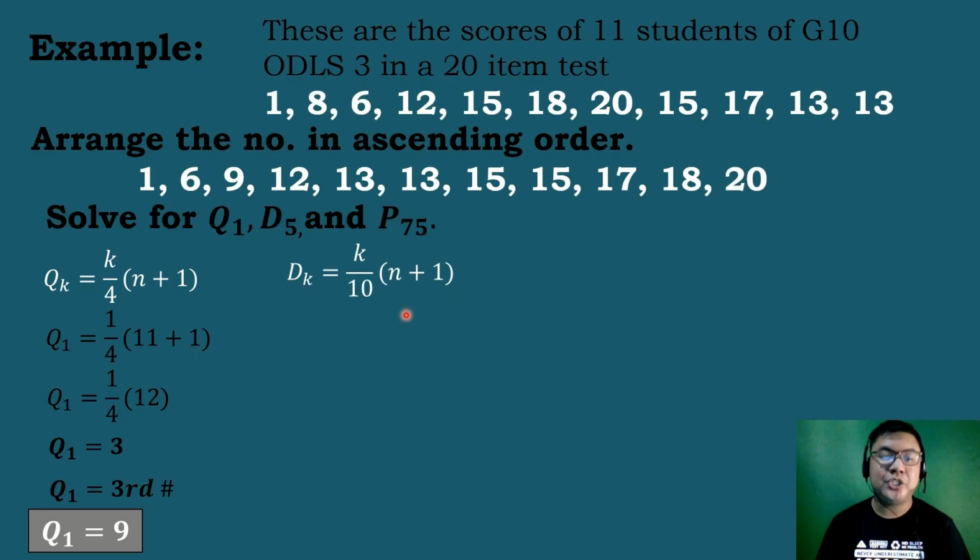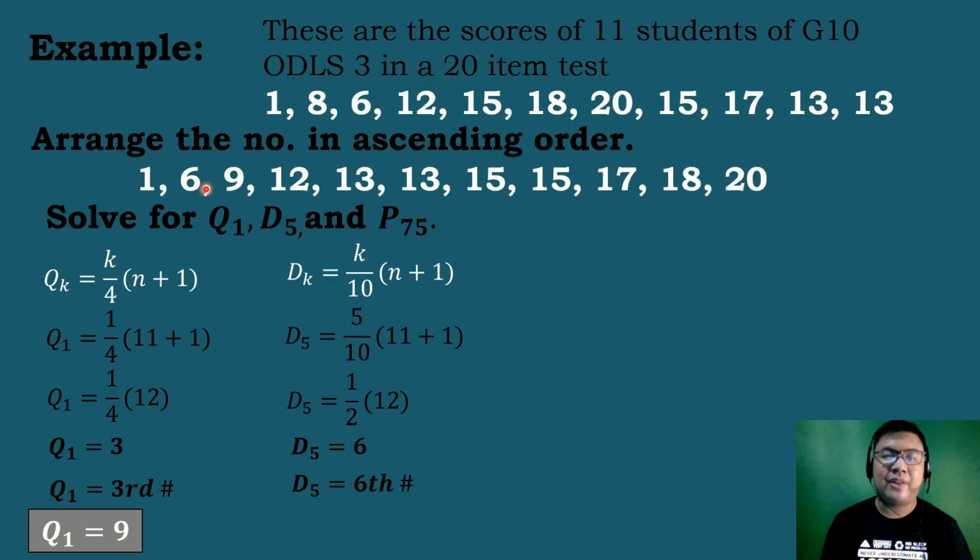And we will substitute it again. The value of k is equal to 5. The value of n is equal to 11. 11 plus 1 is equal to 12. 12 times 5 is equal to 60. 60 divided by 10 is equal to 6. And then after we have computed the position of decile 5, since this is a whole number, we will just look for the 6th number of this given set of numbers.